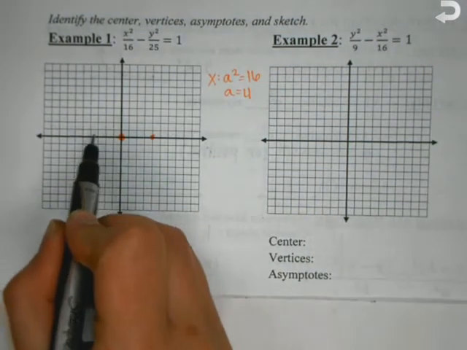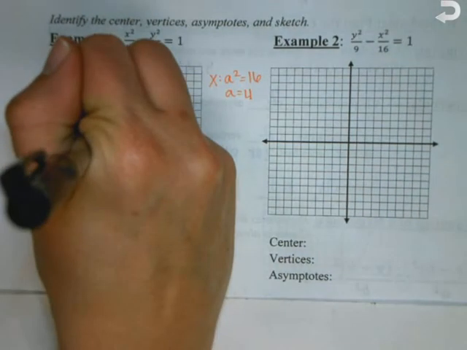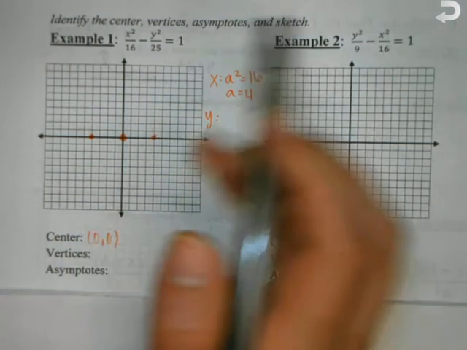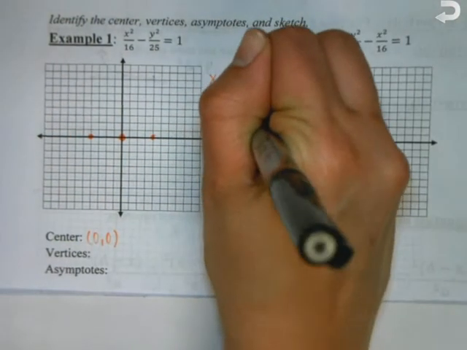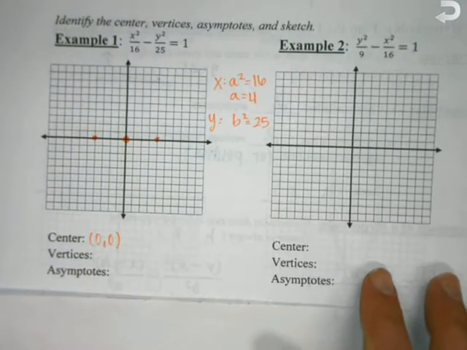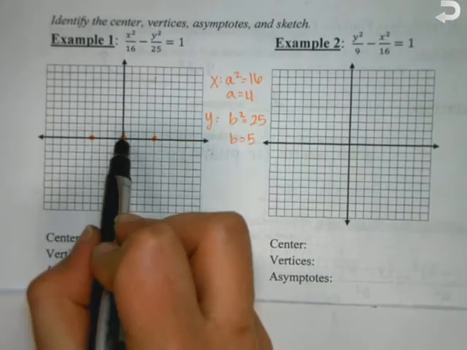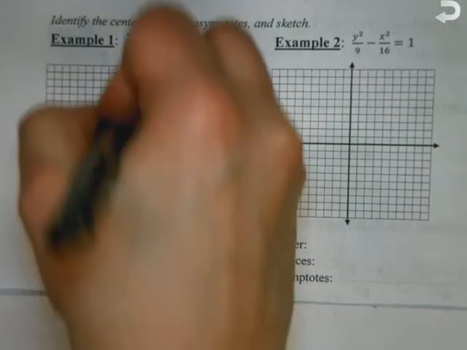In the y direction, b squared is equal to 25, so that means b is equal to 5. So I'm going to go up 1, 2, 3, 4, 5, and down 1, 2, 3, 4, 5.